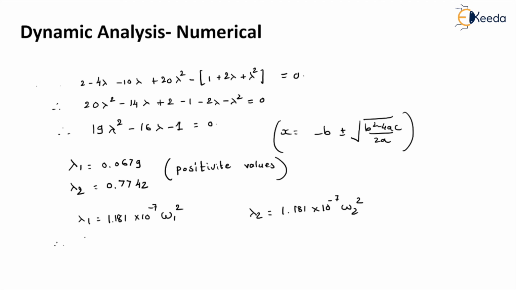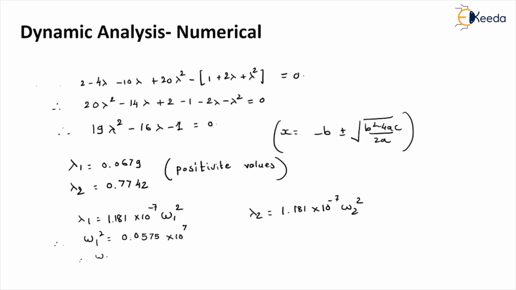So putting the values here, omega 1 square we have 0.0575 10 raised to 7.